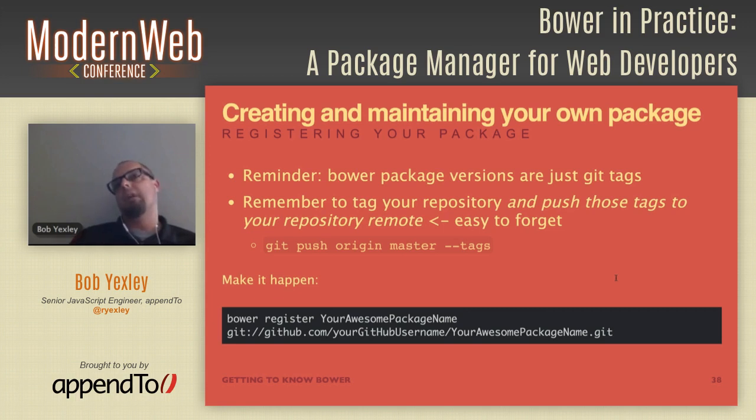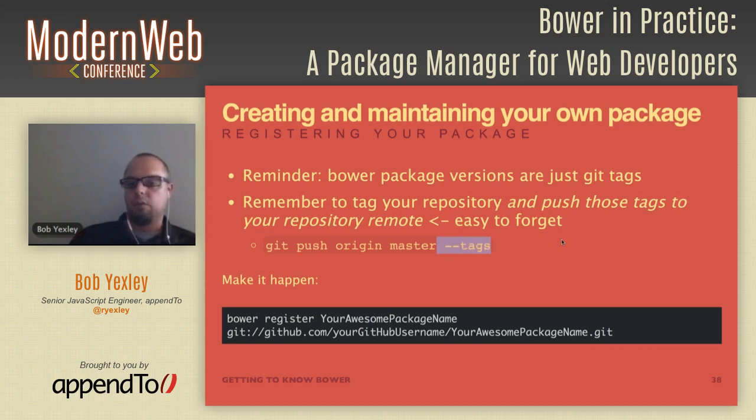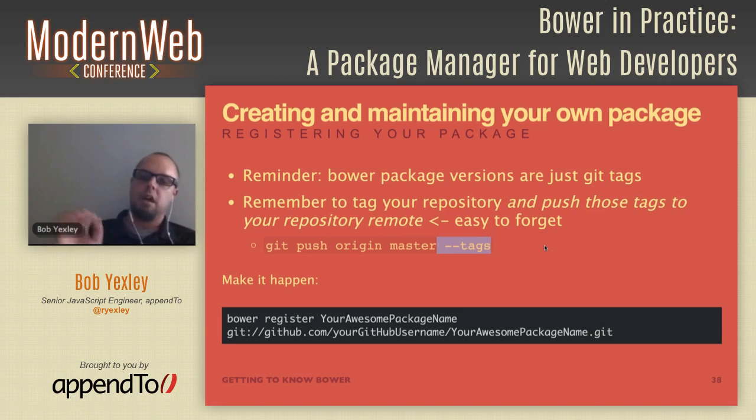The first few times that I did this, I would create a tag, and then I would push the code up to my remote, but I didn't actually pass the tags. And so the versions never actually got there. It's important to remember when you push to your remote, use this --tags flag, and that'll push any tags that you create locally up to your remote, which will make those versions of your package available up there.